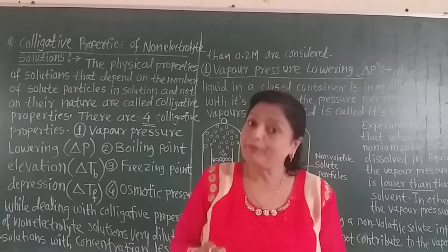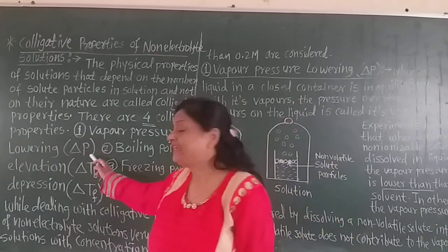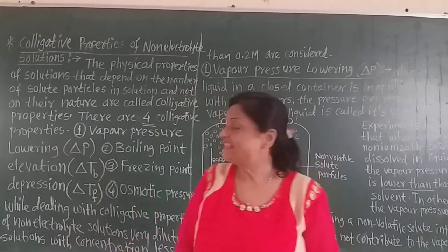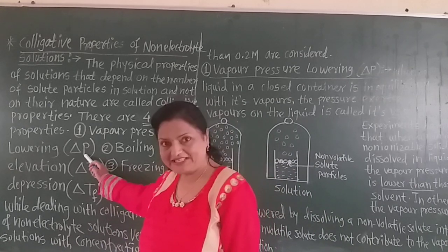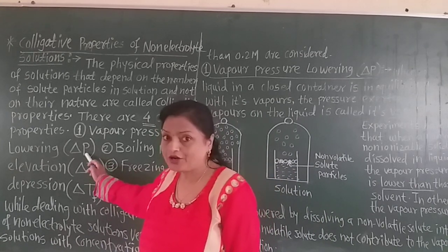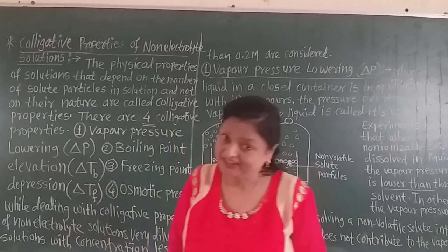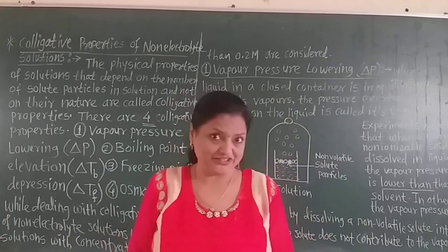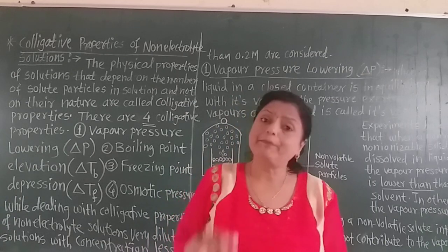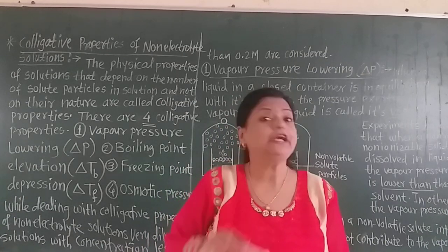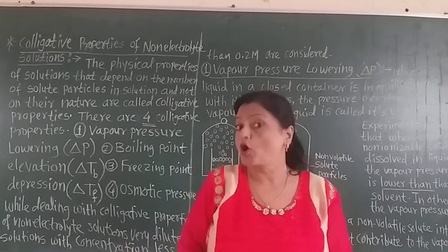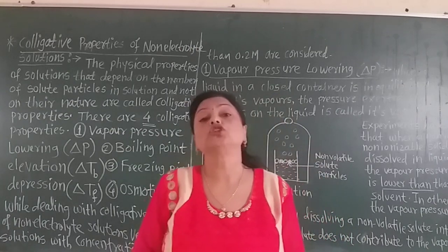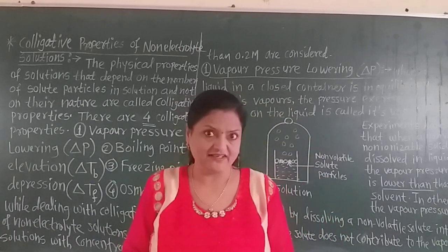So vapor pressure lowering, delta P, is the difference between the vapor pressure of the solvent and the solution. Vapor pressure lowering is a colligative property. That means this property totally depends on the number of solute particles.